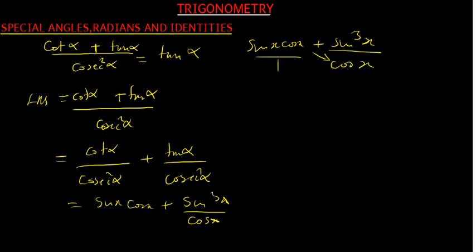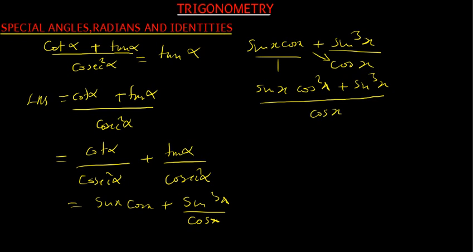That is going to give me sin x cos squared x plus sin cubed x, and everything will be divided by cos x. So our aim is to reach tan alpha. I've started using x because it's just simple. Of course, we are going to come back to alpha.